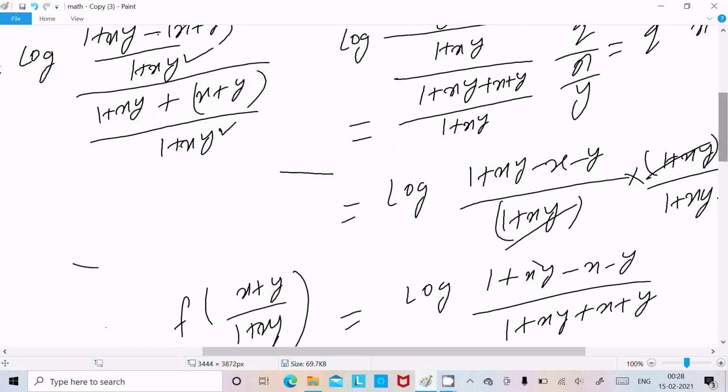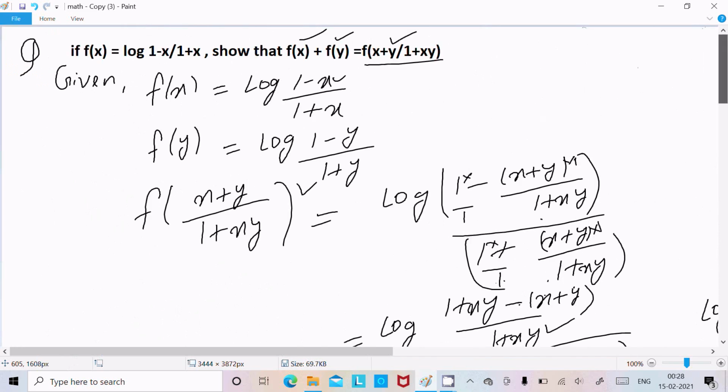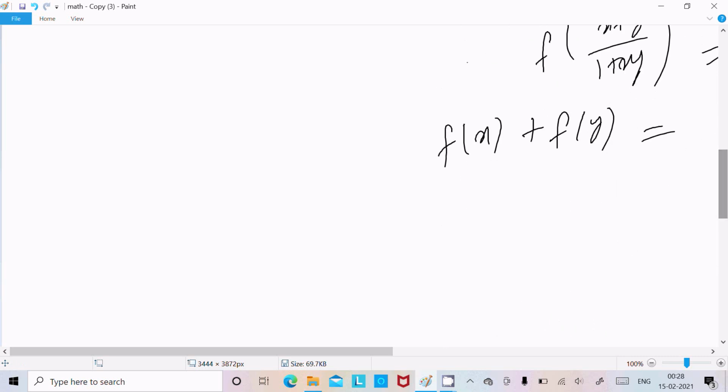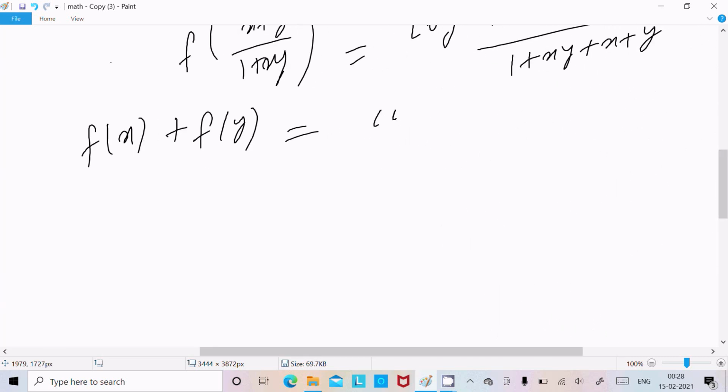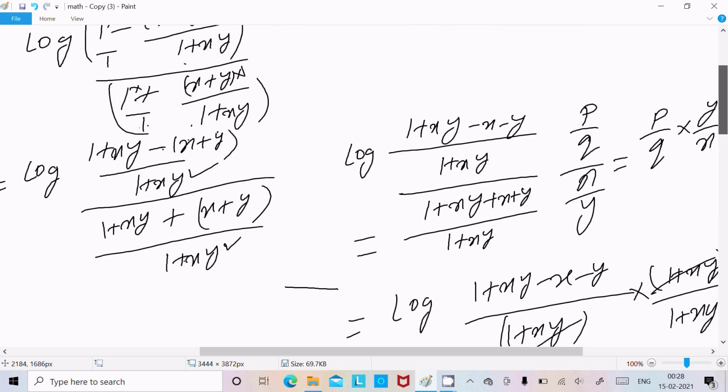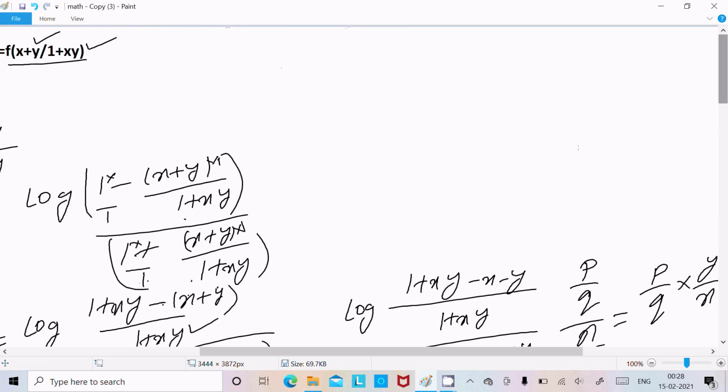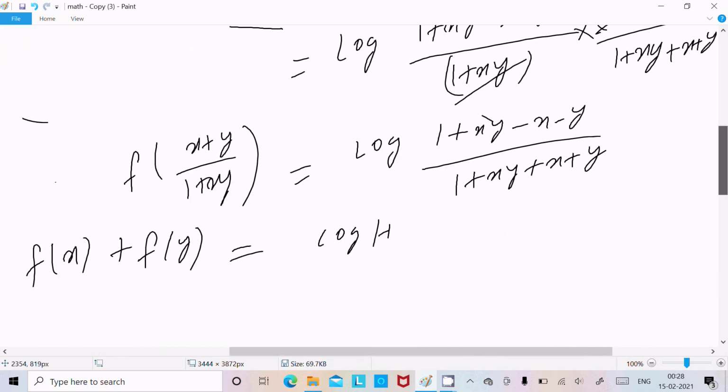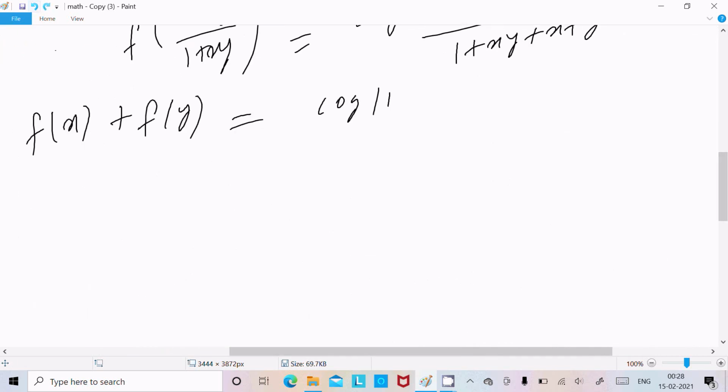So here log((1 - x)/(1 + x)), this one, plus, the same thing, log((1 - y)/(1 + y)).